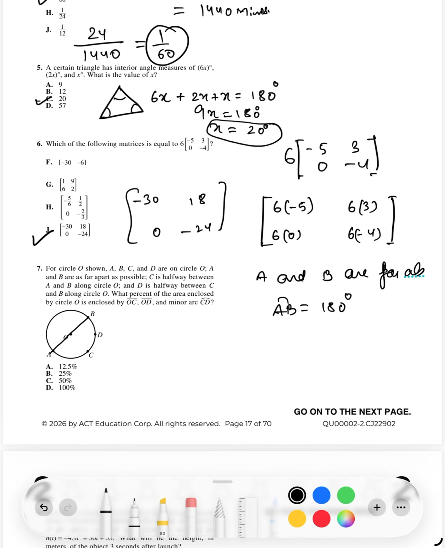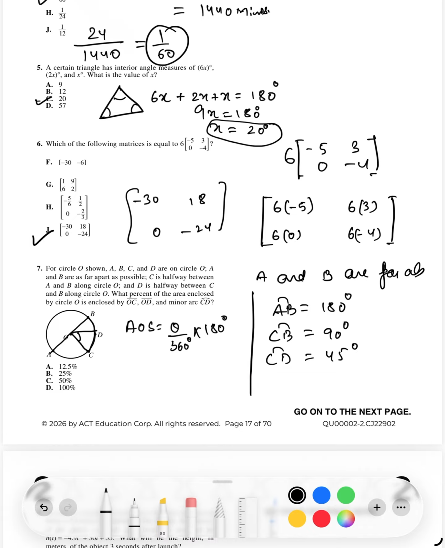Then we have CB, this one, CB 90 degrees. CD, this one, 45 degrees. Correct? So the formula for area of a sector is theta over 360 degrees times the area.